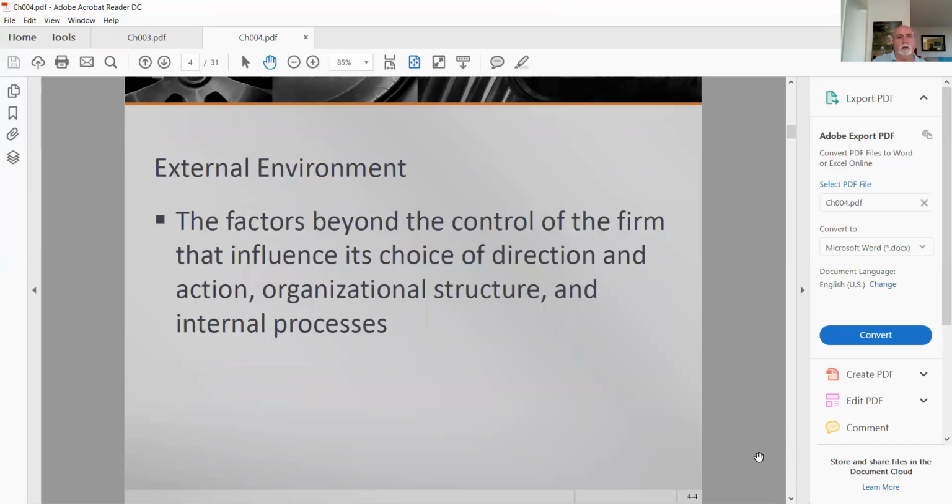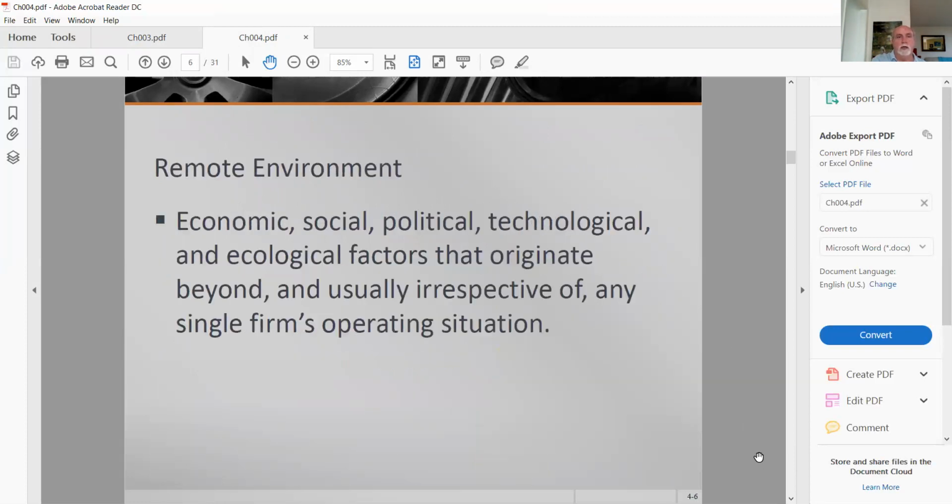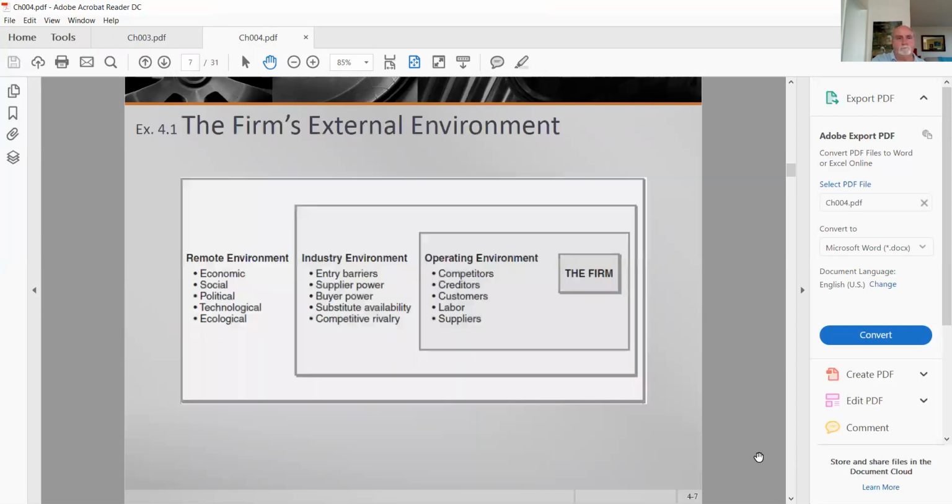Factors beyond the control could be anything, and here are some of them: remote environments, industry environments, and operating environments. The remotes are social, political, technological, ecological factors.